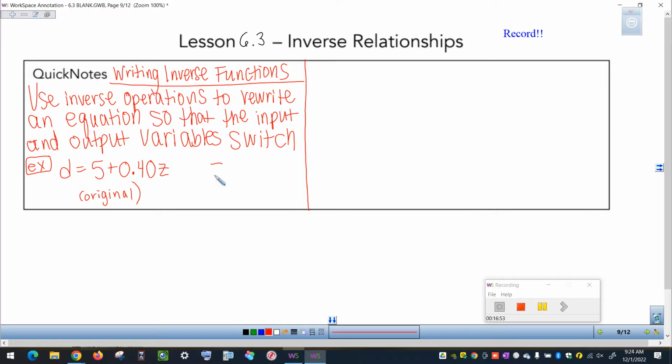And so for the inverse, we have z equals d minus 5. The inverse operation for multiplying by 0.40 is to divide by 0.40. So we're seeing how we used those inverse operations, but also that the input and the output variables switched places. The d and the z literally switched places, which is a characteristic of getting an inverse.